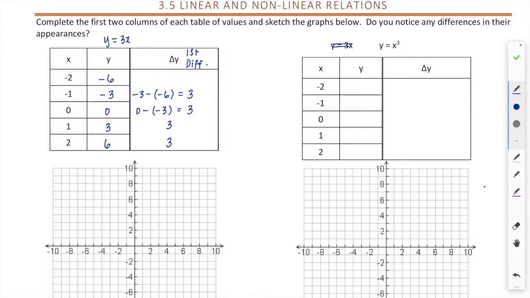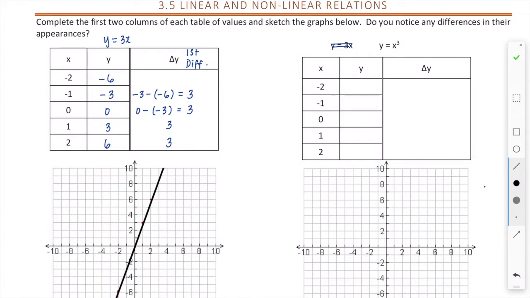Let's graph this relation. So here, let's use red for points. Negative 2 and negative 6 is here. Negative 1, negative 3, 0, 0, 1 and 3, 2 and 6. All right, so let me put the line here.